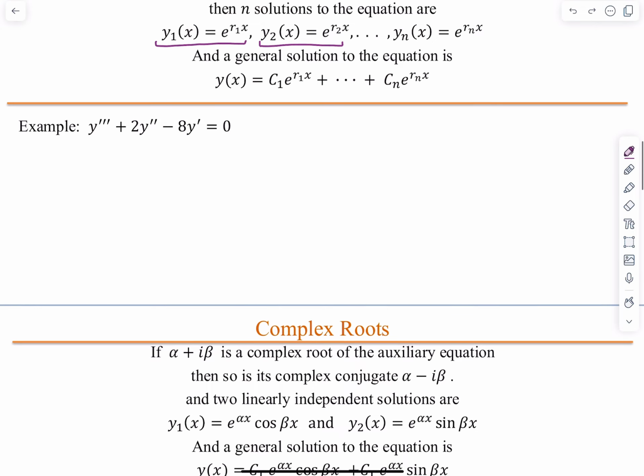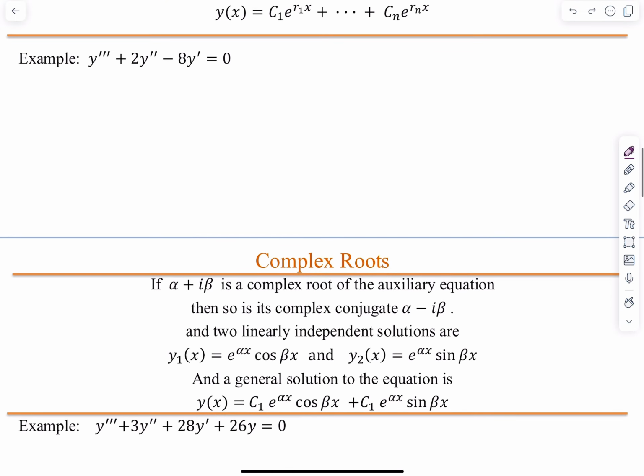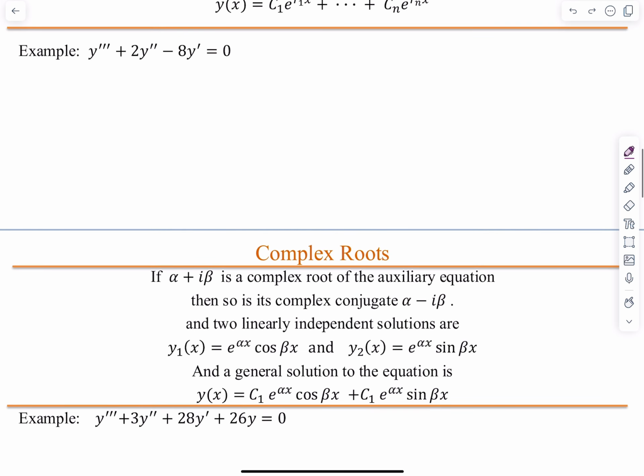Okay, let's take a look at our first example here. So we have the third derivative of y plus 2y double prime minus 8y prime is equal to 0. Our auxiliary equation is r cubed plus 2r squared minus 8r is equal to 0. So we can go ahead and factor an r out of each term.